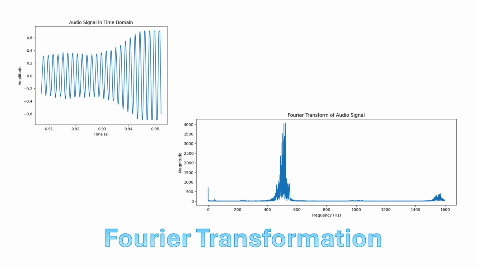If we go from 0.92 seconds, you would go 1, 2, 3, 4, 5 waves to get you to 0.93 seconds. So over 1/100th of a second, we see about 5 waves, which correspond to that first harmonic we see at 500 hertz.